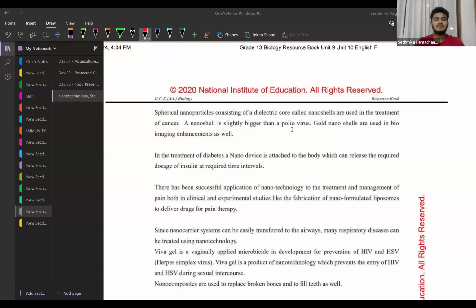So spherical nanoparticles consisting of a dielectric core called nanoshells are also used in the treatment of cancers. Honestly, I don't know exactly how it works. Let me show you a nanoshell.